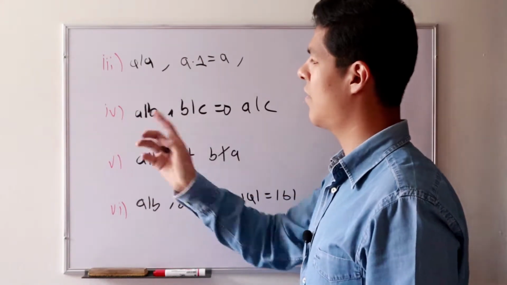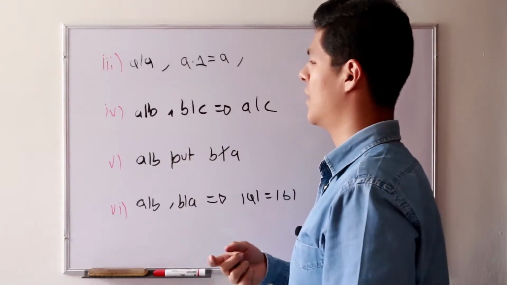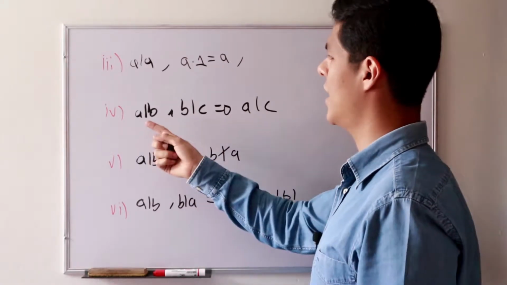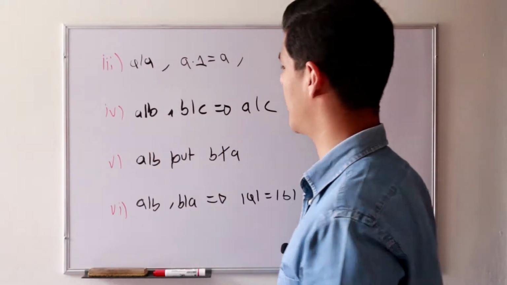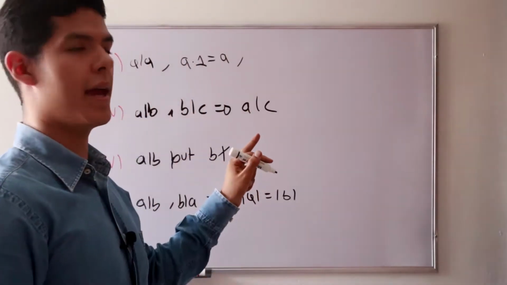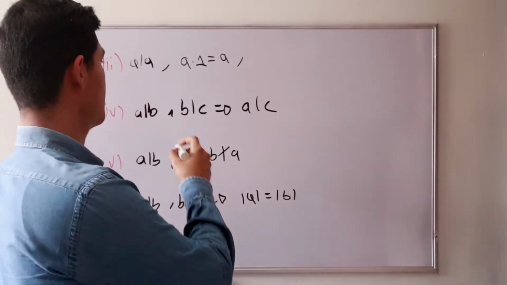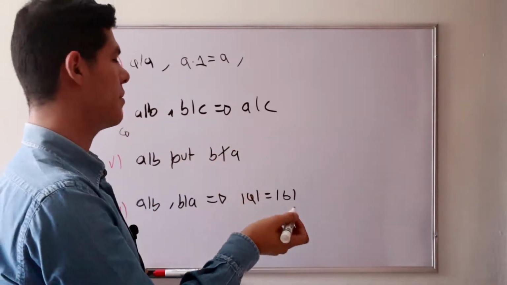The fourth property says that it's the transitive property. So if A divides B, and B divides C, then A divides C. So we recall the definition of divisibility.